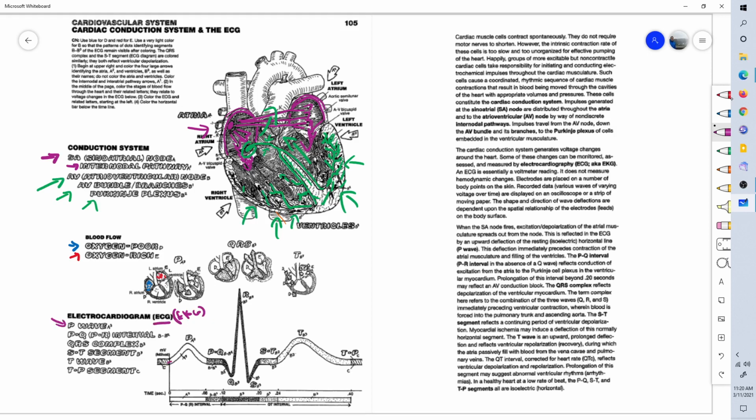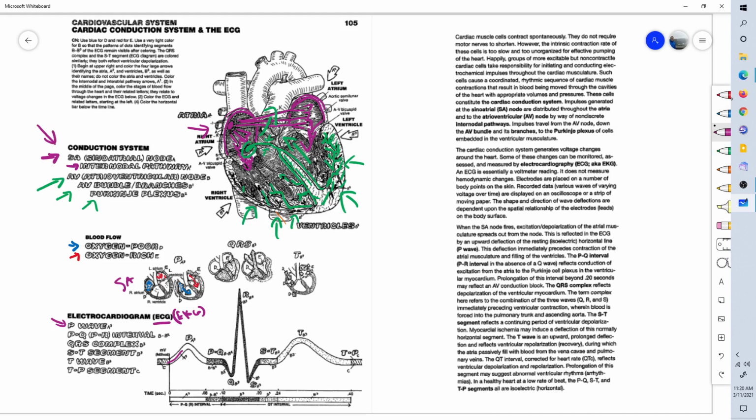So this can be read on a signal. This action right here, when the oxygen-rich blood is squeezed out of the left atrium and the oxygen-poor blood is squeezed out of the right atrium, it does so in response to the SA node, the sinoatrial node.